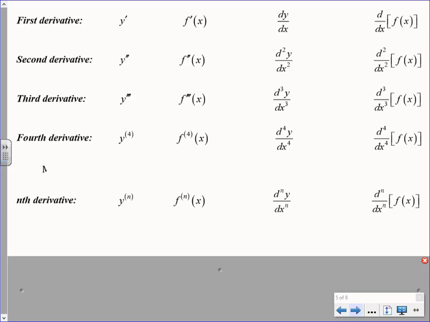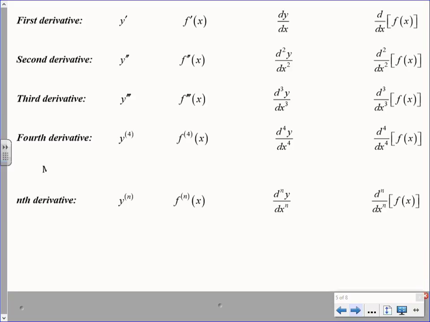So once we reach the fourth derivative, that and anything higher, we're not going to put tick marks, we'll just put y to the parentheses n. Okay? And same thing here with the f of x notation.